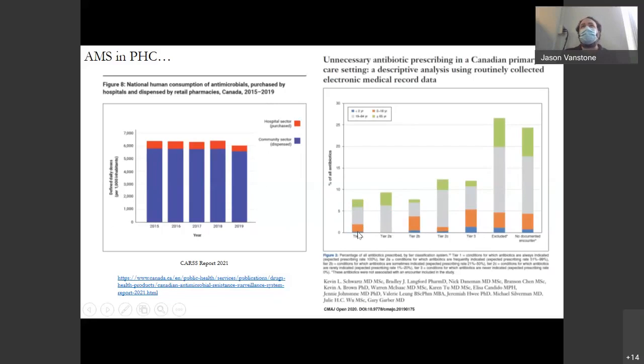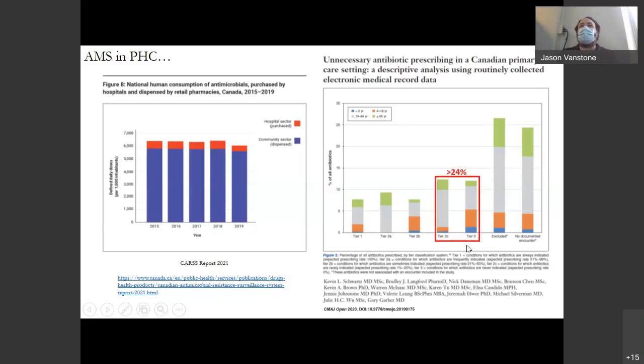I think the blue is the under 2 years, and then 2 to 18, and then basically adults and older people. If you look at this, that shows that about 7% or so of all those antibiotics were prescribed for these tier 1 indications. So these are things where an antibiotic is always required or would be appropriate for treating.